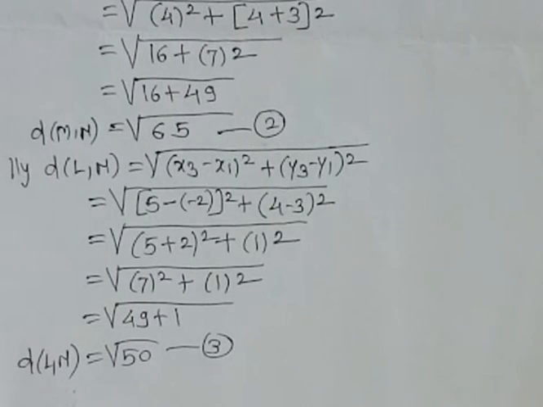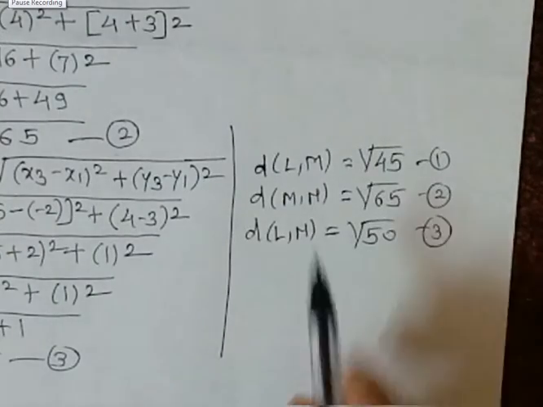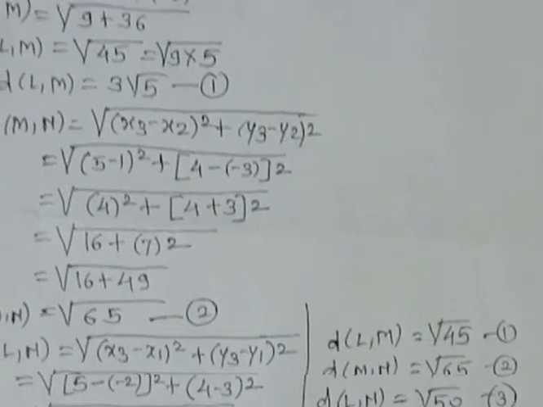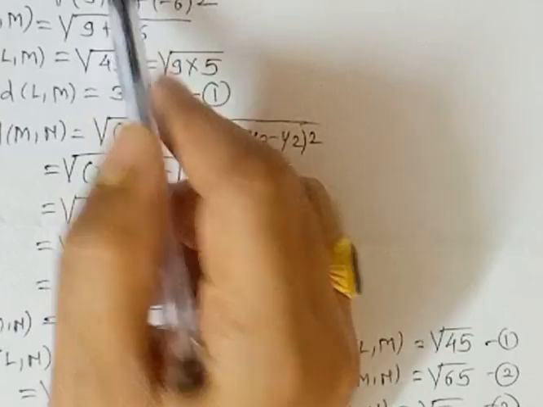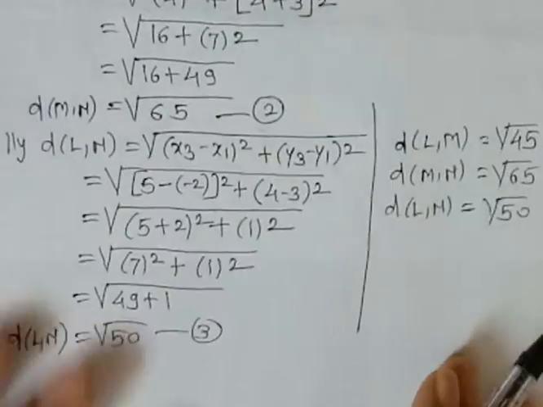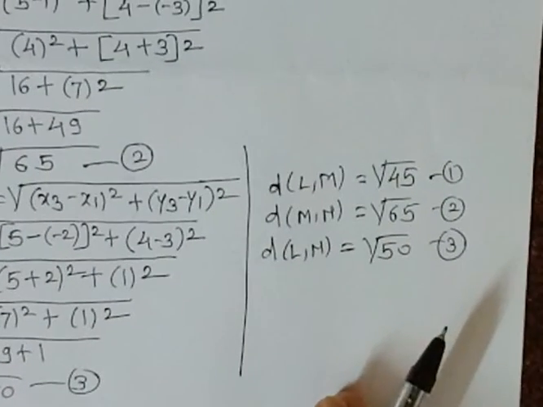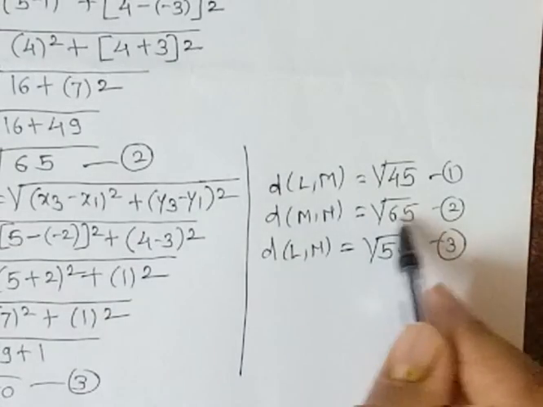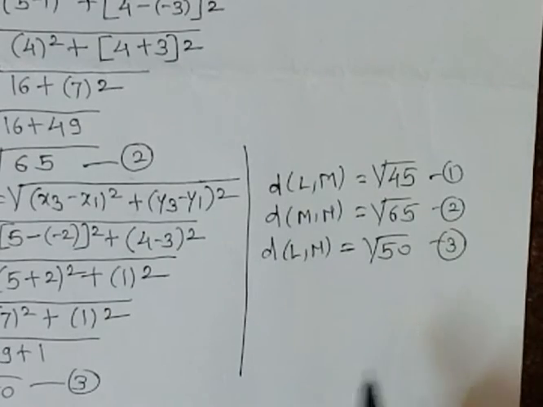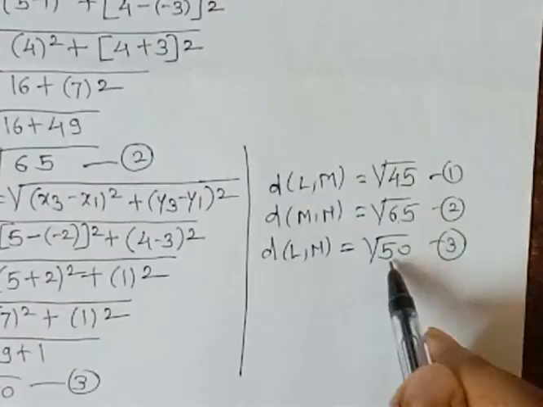Okay, now see here, distance LM is under root 45. Then distance MN is under root 65 and distance LN is under root 50. Now see which is greater, under root 65. Now see here, is 65 equal to 45 plus 50?